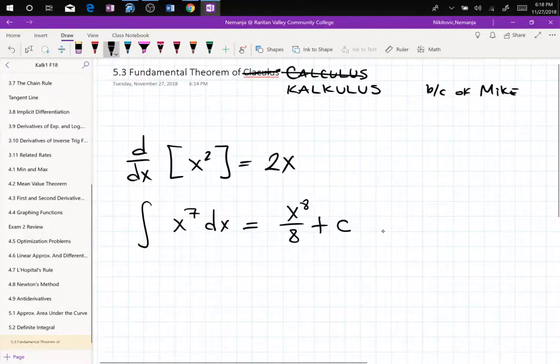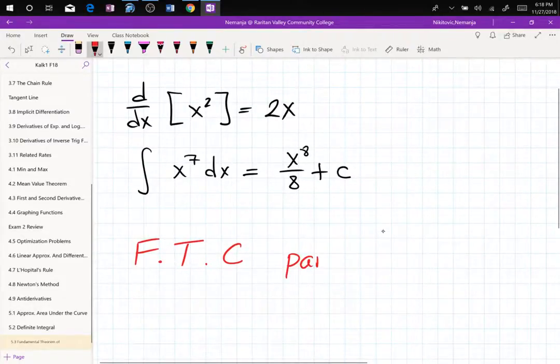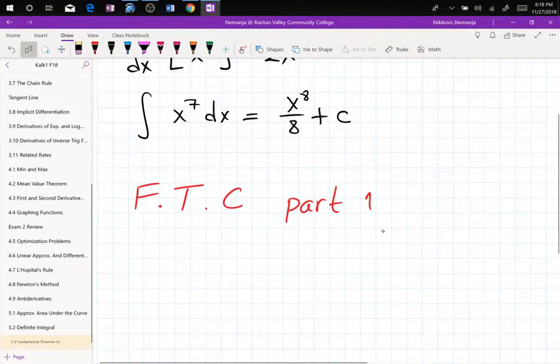So the question is now, how do these relate? And we do that using the fundamental theorem of calculus. It has two parts. So the fundamental theorem of calculus, FTC part 1, is just your definite integral calculation that we covered so far.